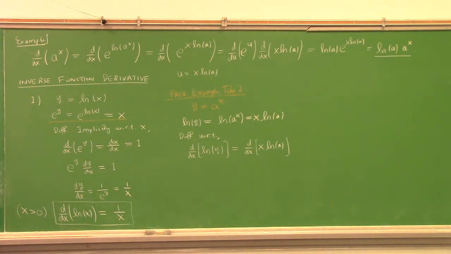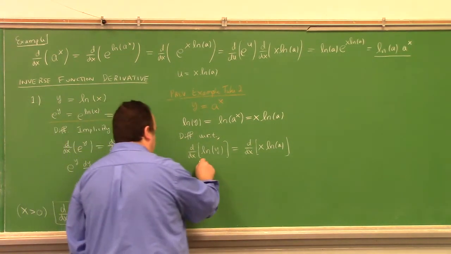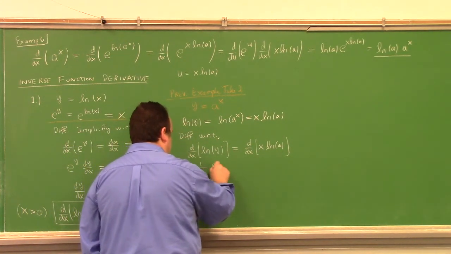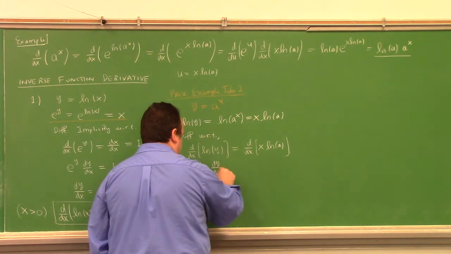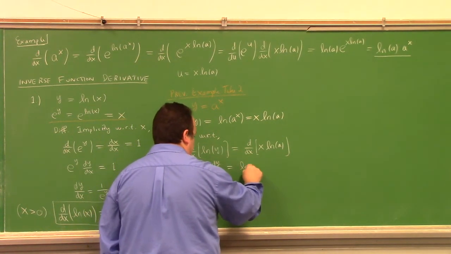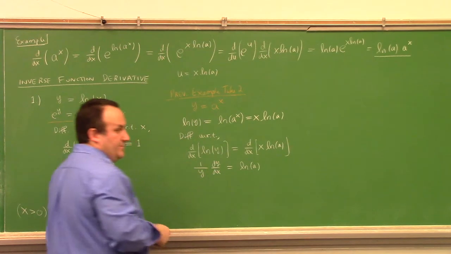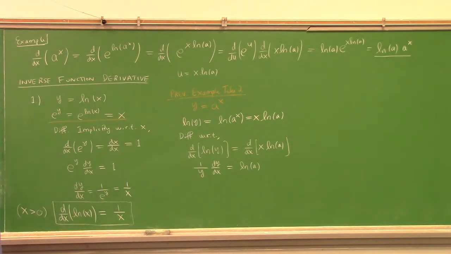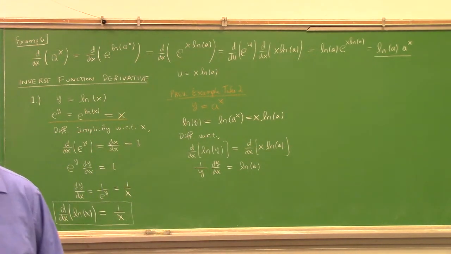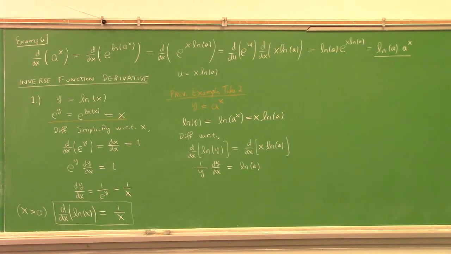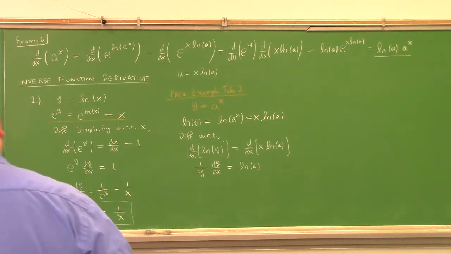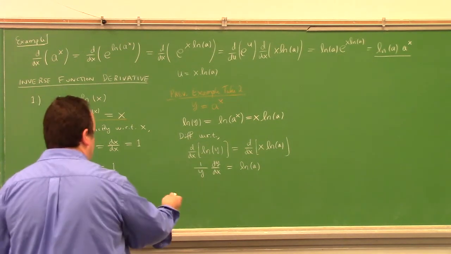So I have to do the chain rule, right? So I have 1 over y times dy/dx is equal to the natural log of a, because derivative of x log a is just log a, because x differentiates to 1, and log a is just a constant, right? And so there you go. Solve for dy/dx.